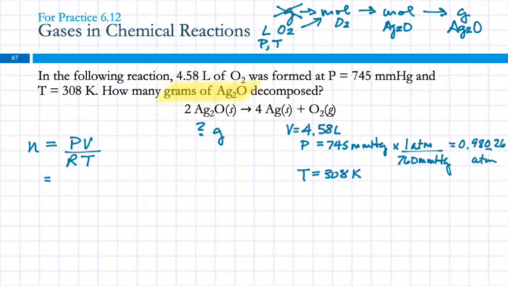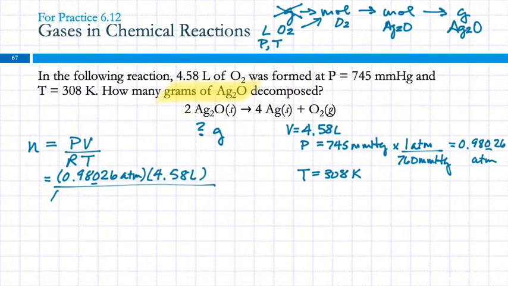So that was a little side conversion. A conversion diversion. They gave me the volume in liters, so that's convenient, 4.58 liters. Down here I've got my ideal gas constant.